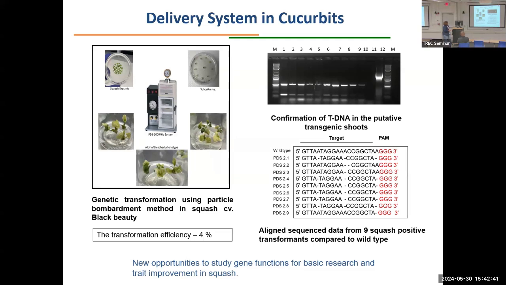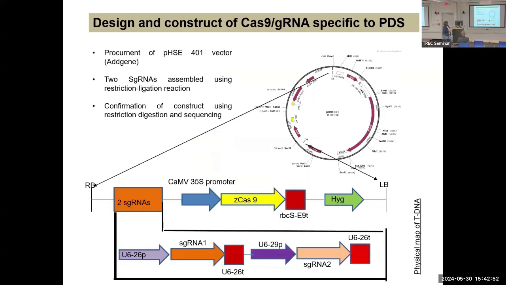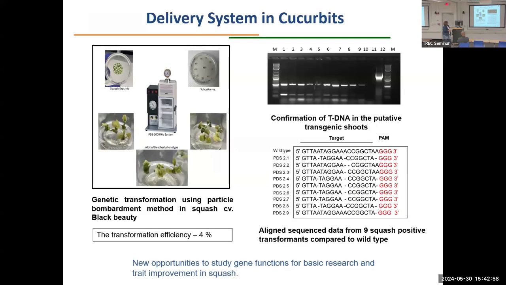From the albino and bleached phenotype, I have isolated the DNA and checked for the integration of T-DNA. This T-DNA is the part of this complex. The primer has been designed from here to here to amplify in the putative transgenic line, and the lines which amplify these particular bands have been sent for sequencing to check for the editing at the targeted site.